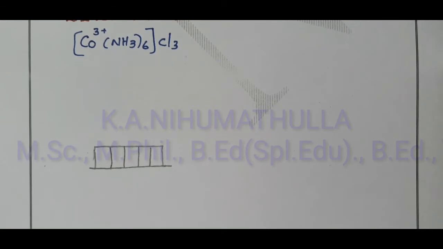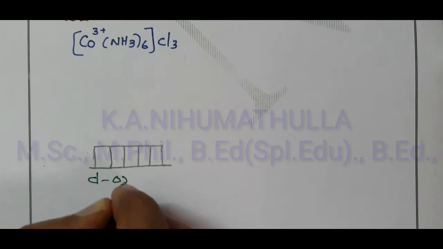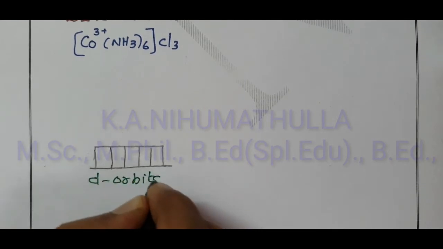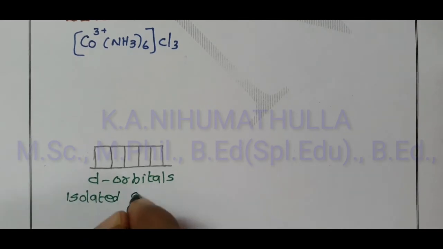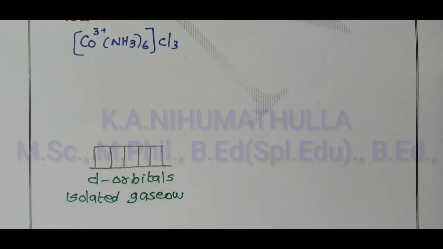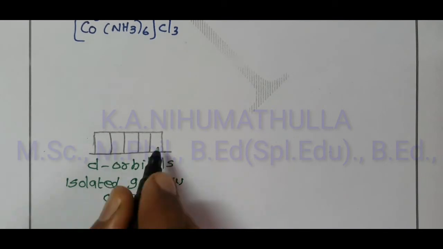So, these are the d orbitals of the central metal ion, not the ligand. These are the d orbitals of the isolated, separated, gaseous central metal ion, degenerate orbitals.